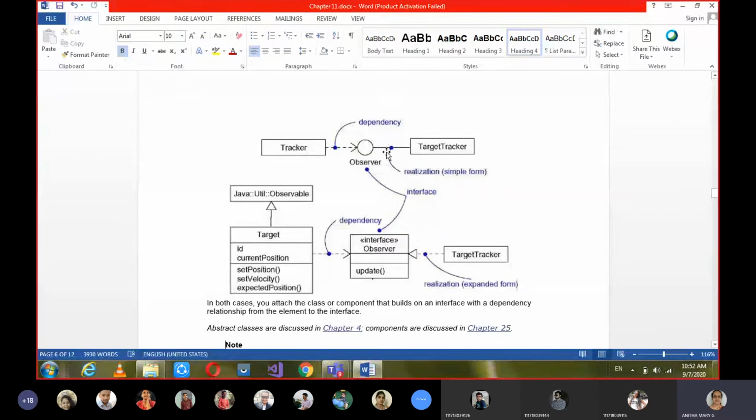The second one is the expanded form, in which we render an interface as a stereotyped class with the services as operations. So these are the relationships.